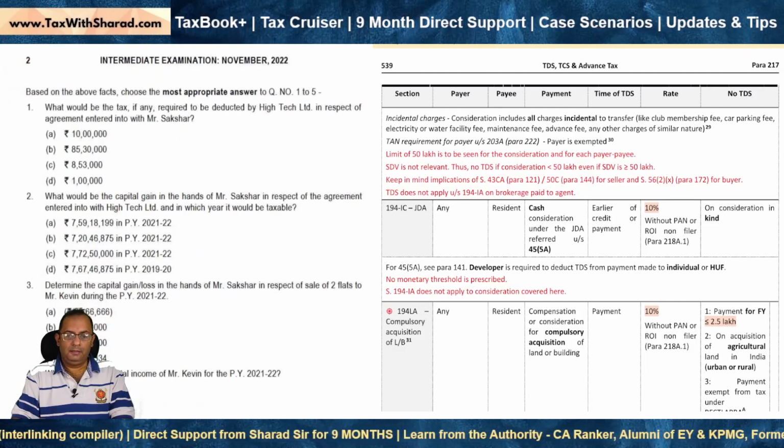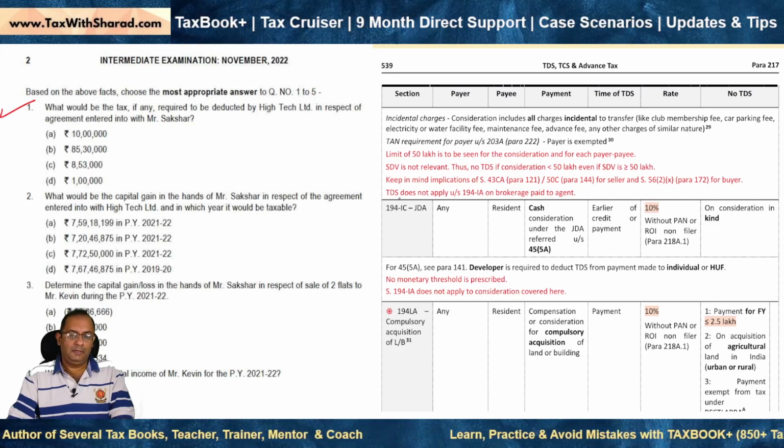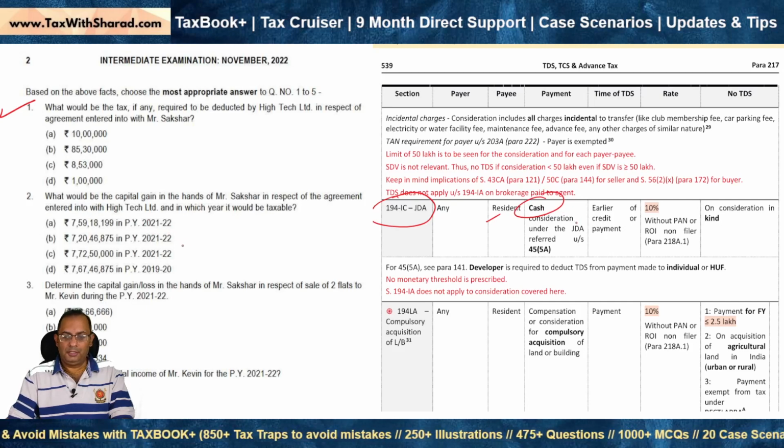The first question is, what would be the tax, if any, required to be deducted by High Tech Limited in respect of agreement entered into with Sakshar? So this deals with TDS provisions, and if you look at the TDS provisions for joint development agreement, the relevant section is section 194-IC, which says that if payment is made to a resident in the nature of cash consideration, not in kind.